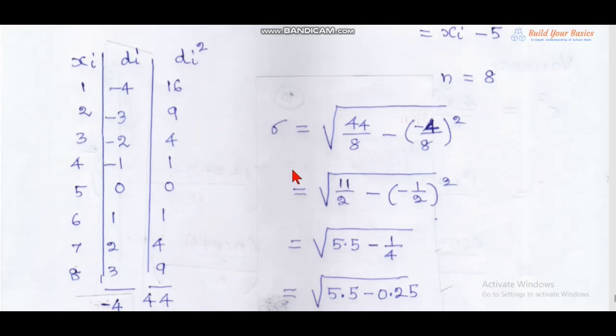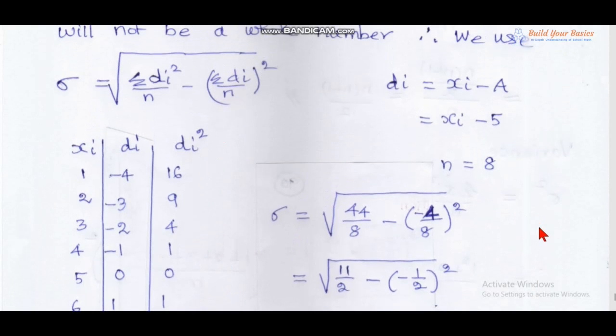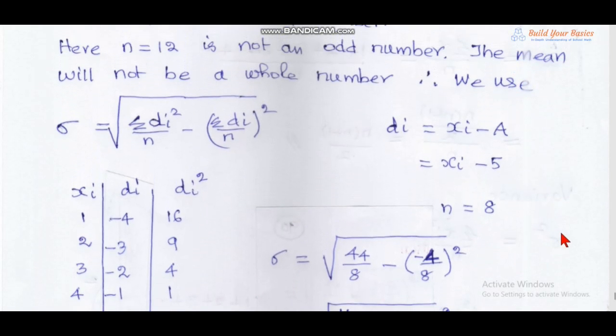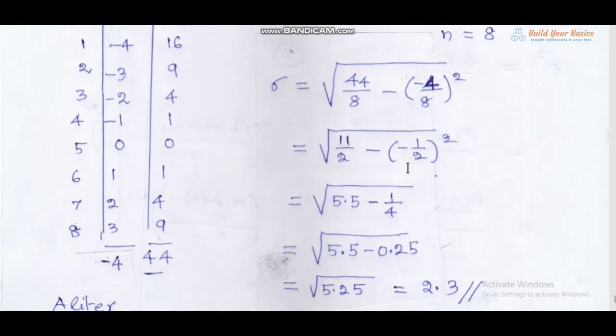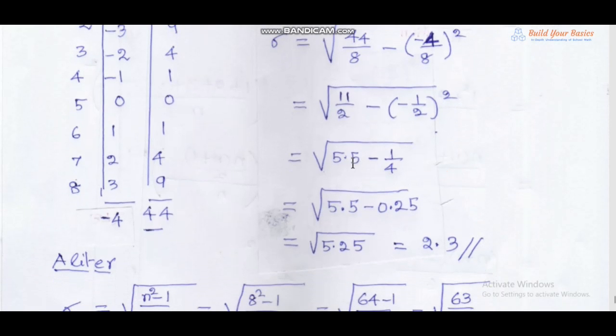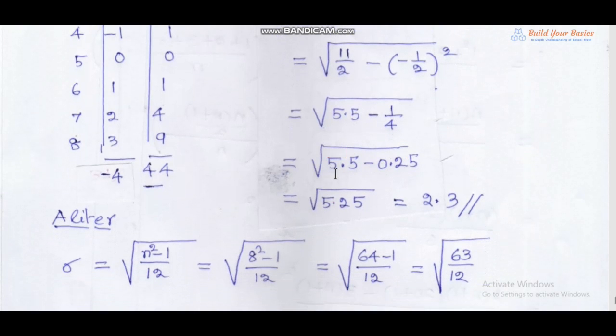So sigma equal to square root of sigma di square by n, that is 44 by 8, minus sigma di by n whole square, that is minus 4 by 8 whole square. That's equal to 11 by 2 minus 1 by 2 whole square, that is 5.5 minus 1 by 4, that is square root of 5.5 minus 0.25. That's equal to square root of 5.25, that gives 2.3.